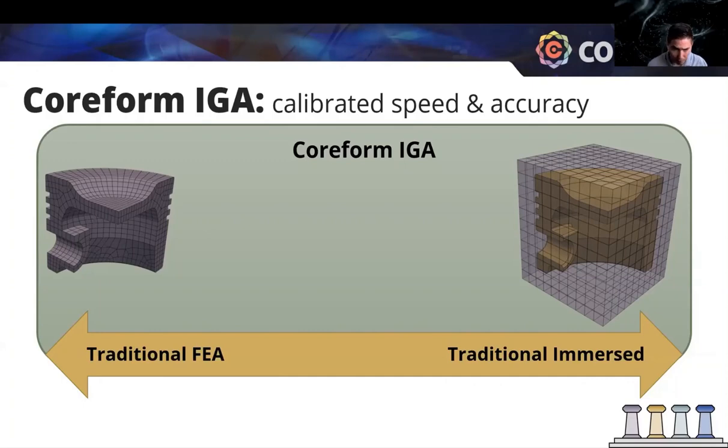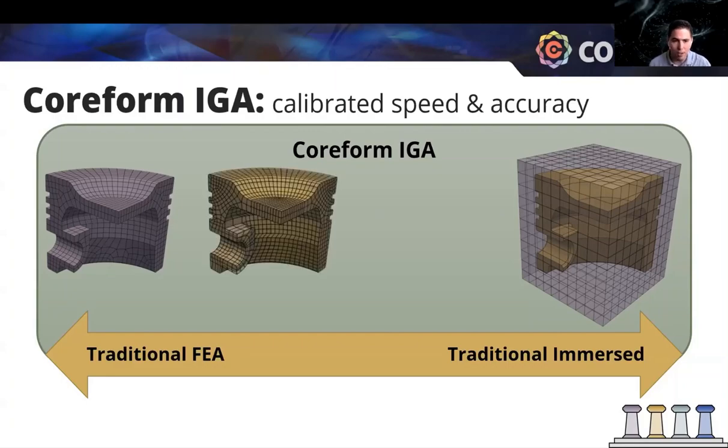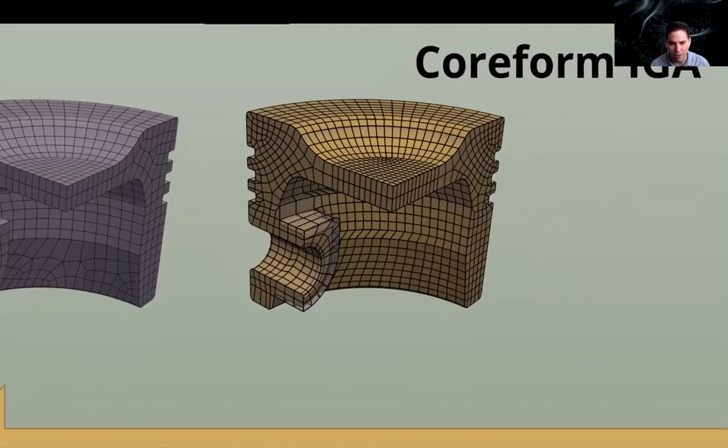IGA methods. But what we can do with Coreform IGA and with the flex method is we can have partially body-fitted computational domains where we relax the constraint in local regions of conforming to the geometry that make it easier to build a hex mesh, but limit the immersion to just certain regions.